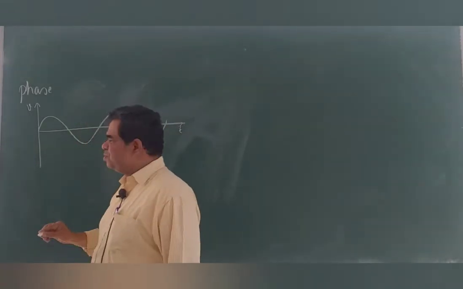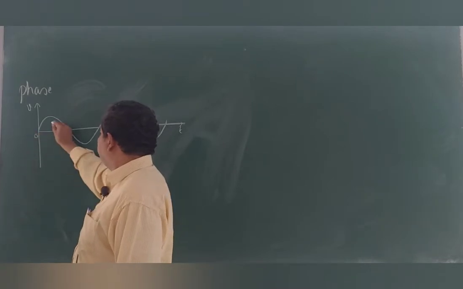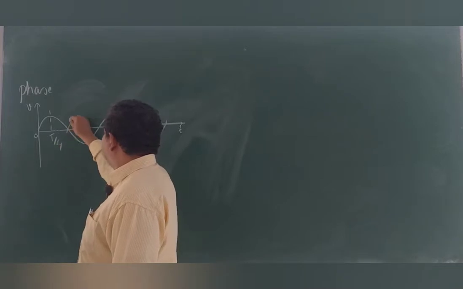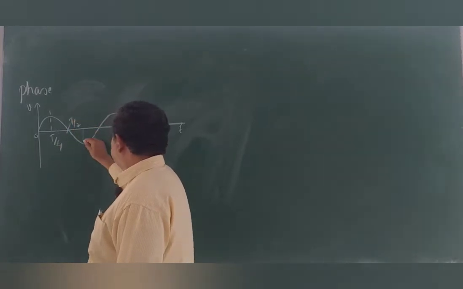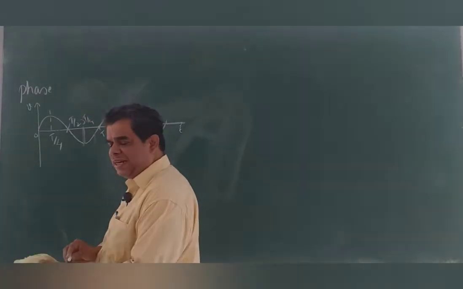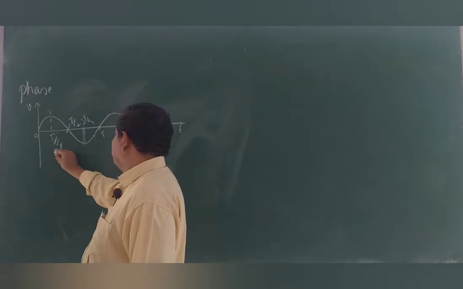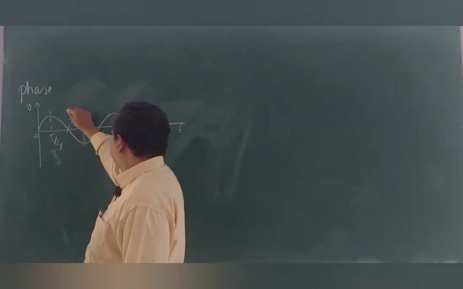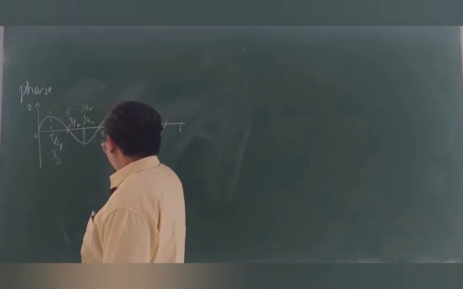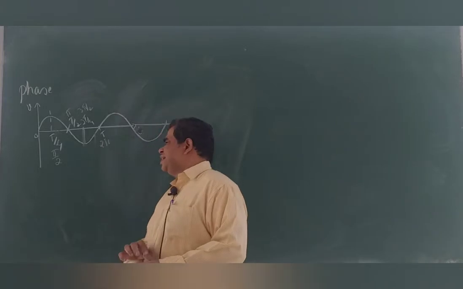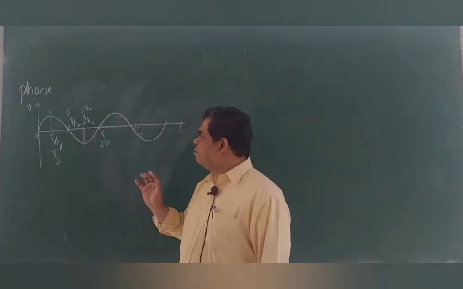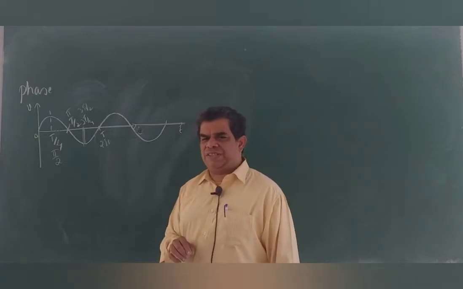As we said in the previous class, this is 0, this is T by 4, this is T by 2, this corresponds to 3T by 4, and this corresponds to T. Also we have written this with the angles pi by 2, pi, 3 pi by 2 or 2 pi. These values, the fraction of time period, any value there is what we call phase, as we said yesterday.